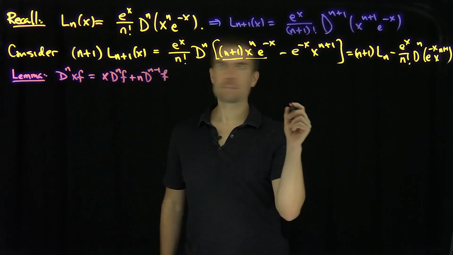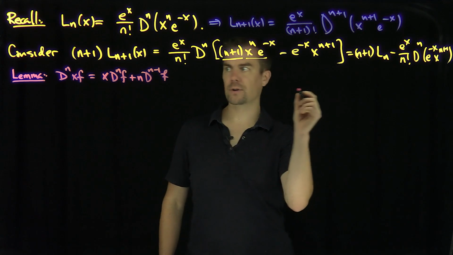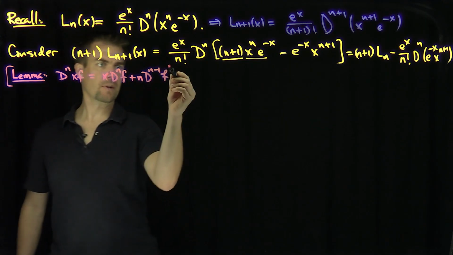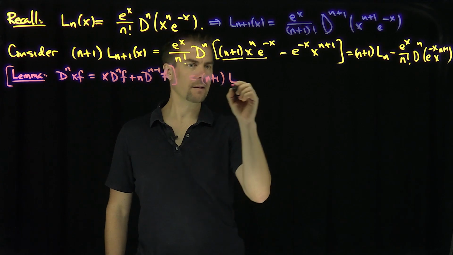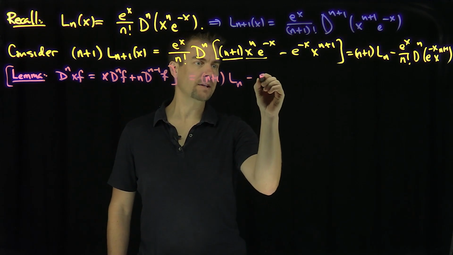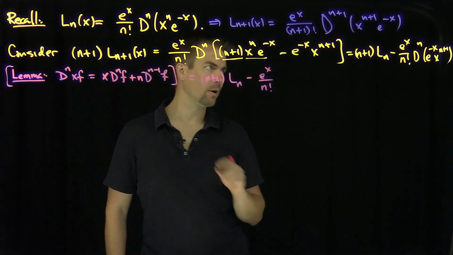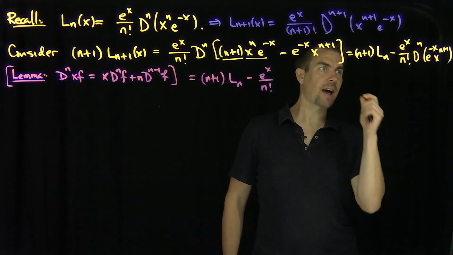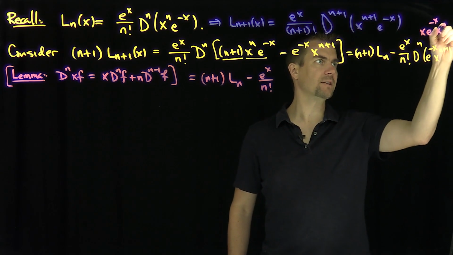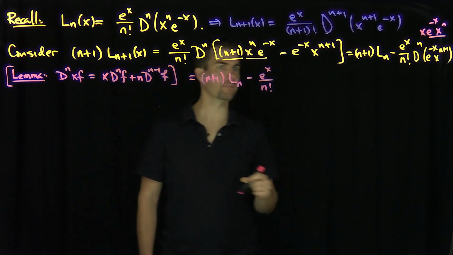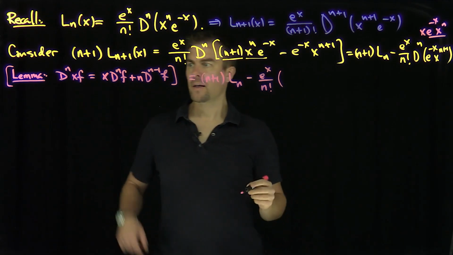And so I have x times something over here, so I'm going to apply this formula over here. So using this lemma, which follows from the Leibniz rule, this line becomes n plus 1 L_n minus e to the x over n factorial. And then I have d^n, and then I have x times what? This is really x times e to the negative x, x to the n. That's my function f over here, right? So then I'm going to use this rule.